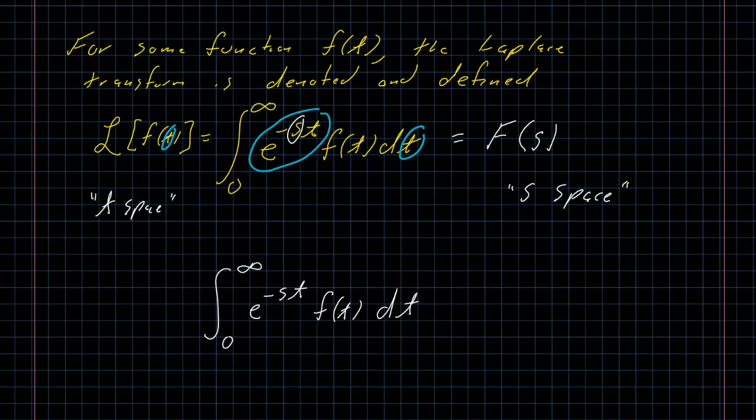And in order for us to evaluate this integral, it is important to know that the integral is going to be defined. And that's where those limits come in. If I plug in t equals 0, I will get e to the 0, which is 1. I'll get f of 0, which is something that depends on the particular function. But assuming that f of t is well defined, then I can perform that evaluation no problem whatsoever.